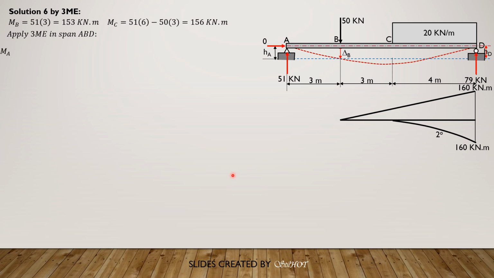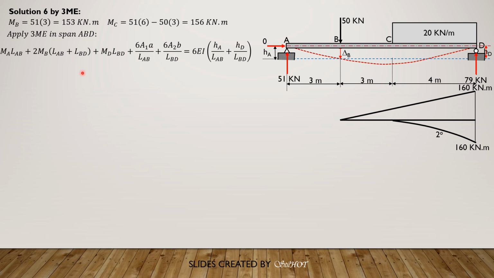So M_A L_AB plus 2 M_B times (L_AB plus L_BD) plus M_D L_BD plus 6 A1 a1 over L_AB plus 6 A2 b2 over L_BD equals 6EI times (h_A over L_AB plus h_D over L_BD). That's the form of the three-moment equation.